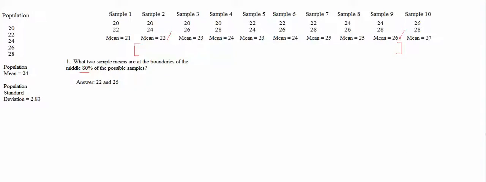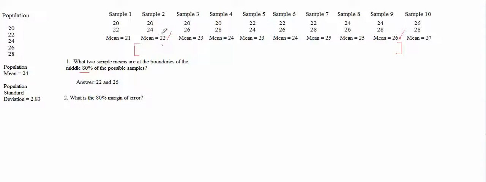What if I asked you, what is the 80% margin of error? Before we can find the 80% margin of error, we have to know what the boundaries are of the middle 80%.